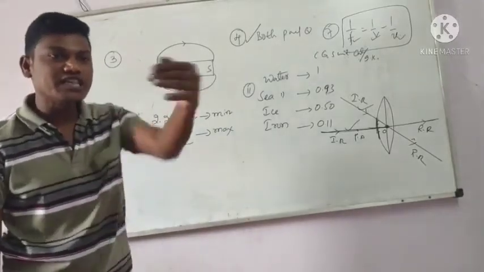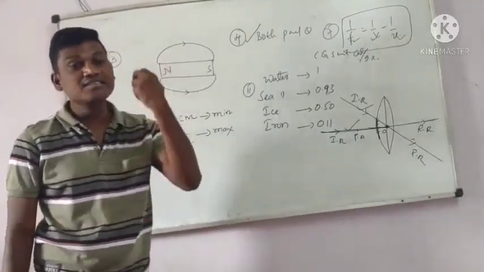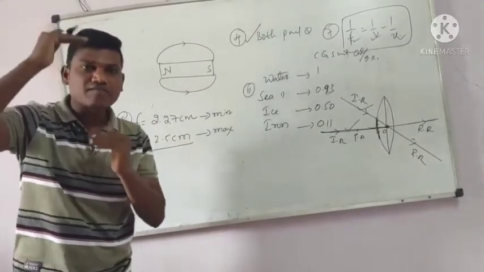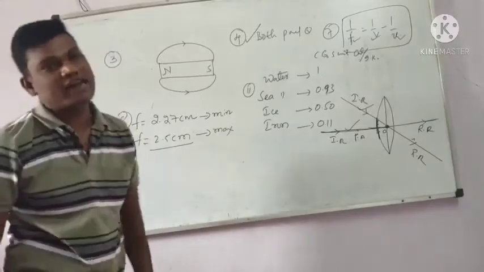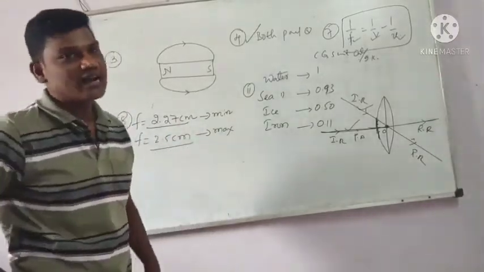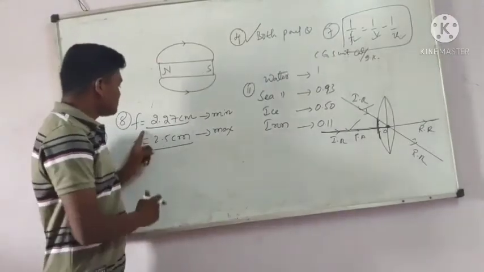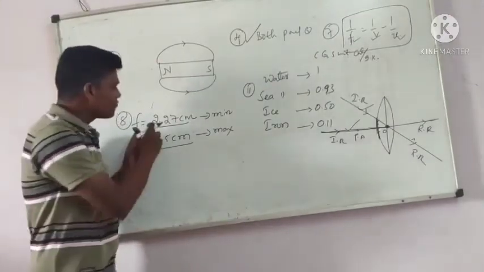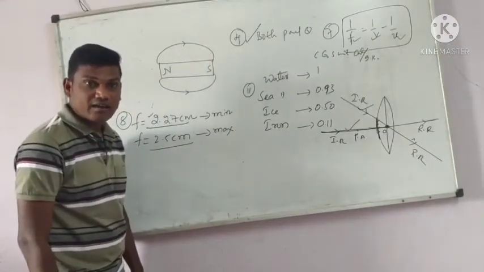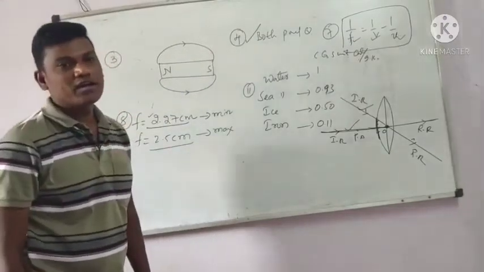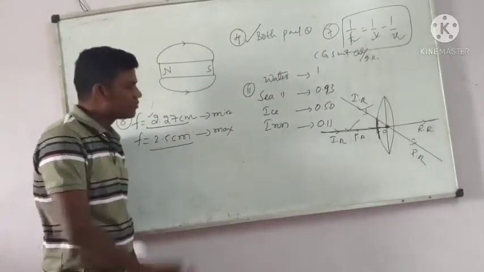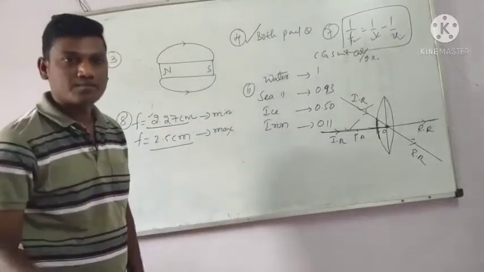But when you are able to see nearby objects, automatically our eye lens, with the help of the ciliary muscles, will be contracted. At that time the focal length decreases and the converging power increases. So the minimum focal length of our eye lens is 2.27 centimeter when we are able to see nearby objects, and the maximum is 2.5 centimeter when we are able to see far objects.